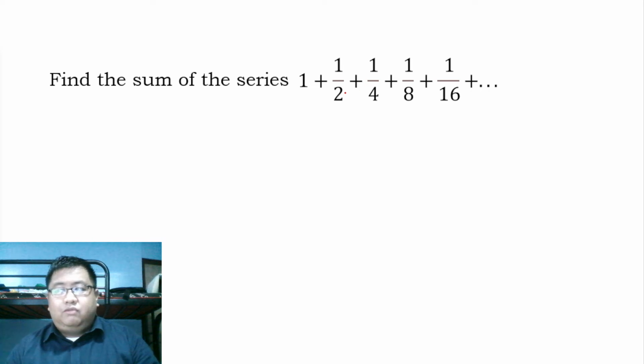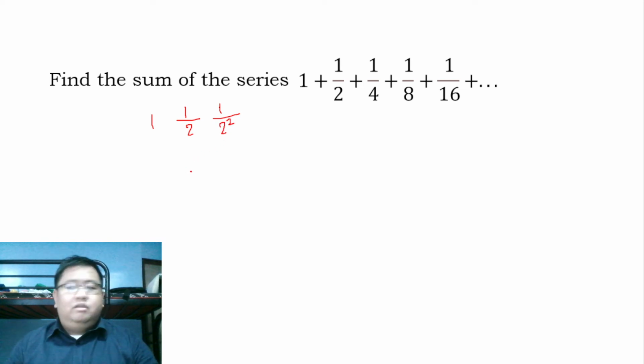This is 1, this is 1 half, 1 fourth. 1 fourth can also be written as 1 over 2 squared. 1 half is 1 over 2 raised to 1. The fourth term, which is 1 eighth, is 1 over 2 cubed, like that.